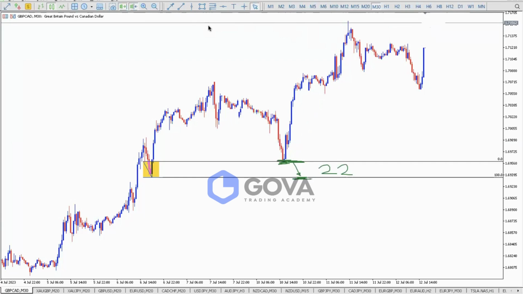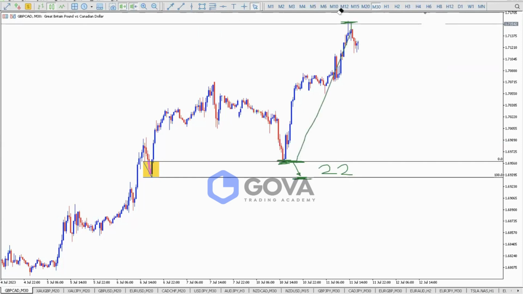Let us assume that the highest area when price rallied up in profits was this level here. Can you see? So let's calculate from here to here, how many pips it is.